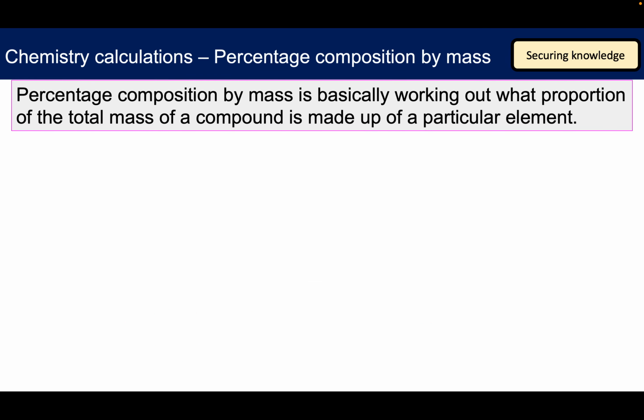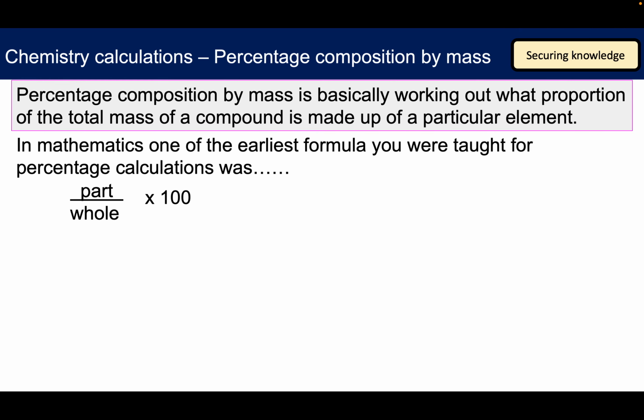Percentage composition by mass. This is the second part of this session. Let's secure the knowledge to begin with. Essentially, we're working out the proportion of the total mass of a compound for a particular element. Now in mathematics, one of the earliest formulae you'll have been taught for percentage calculations was likely in this format: part divided by a whole multiplied by 100.